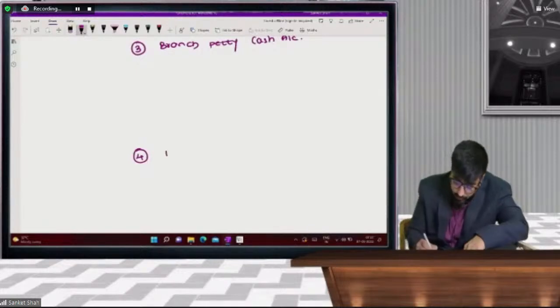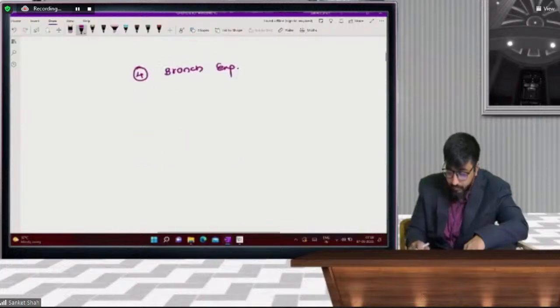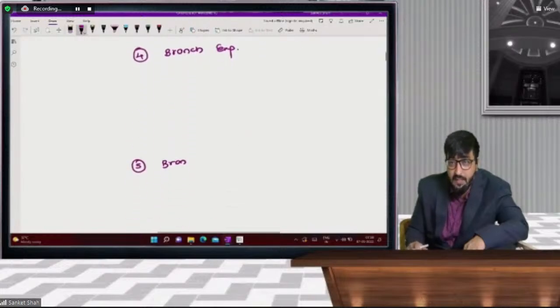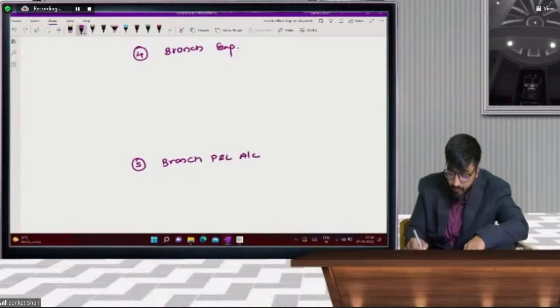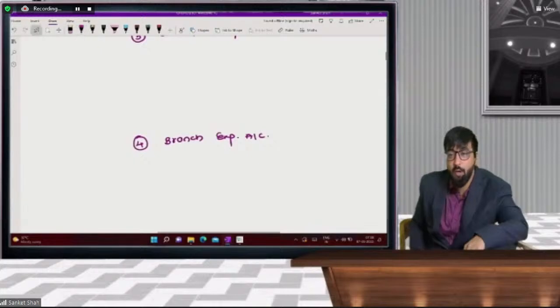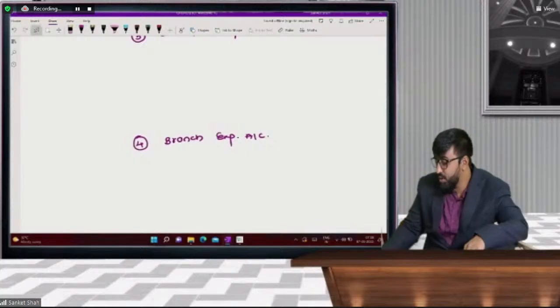Now, branch expense account. And number 5, after branch petty cash 6 lines, branch expenses 6 lines, branch P&L account. Expense means out of pocket, and P&L is not out of pocket.